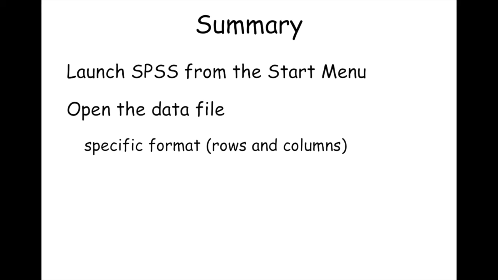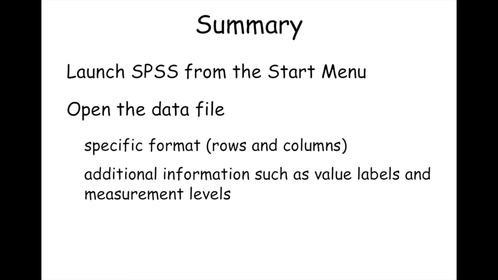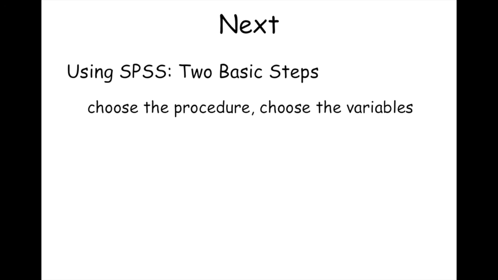Rows represent cases, and columns represent variables. In addition to values for each variable for all subjects, the SPSS data file includes additional information, such as value labels for categorical variables and the level of measurement for all variables. In Part 2, I'll talk about how to select statistical procedures and to choose variables for those procedures.